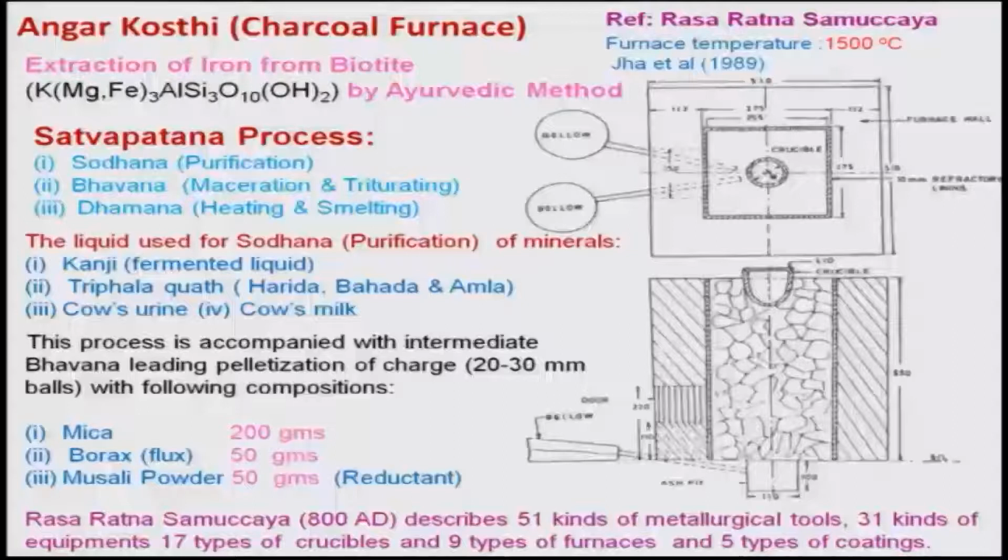Rasa Ratna Samuchaya describes 51 kinds of metallurgical tools and 31 kinds of equipment, 17 types of crucibles, 9 types of furnaces and 5 types of coatings. That means there is a plethora of knowledge about the smelting process and its tools mentioned in this text.